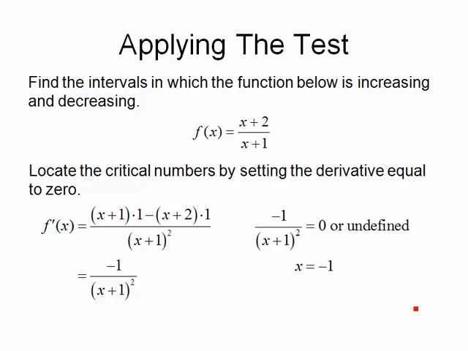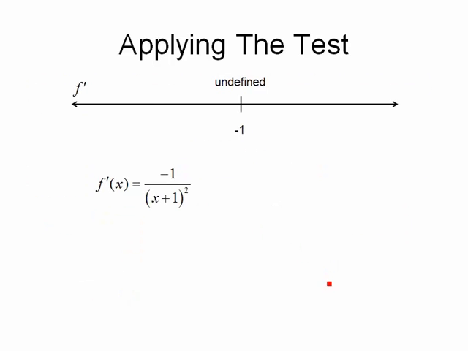When I set x plus 1 equal to 0, I get x equals negative 1. Our next step is to go ahead and make our number line, and I've labeled negative 1 on this number line. It breaks me up into two sections, and above I've written undefined to indicate that the derivative was undefined there. Now we need to go ahead and do our testing.